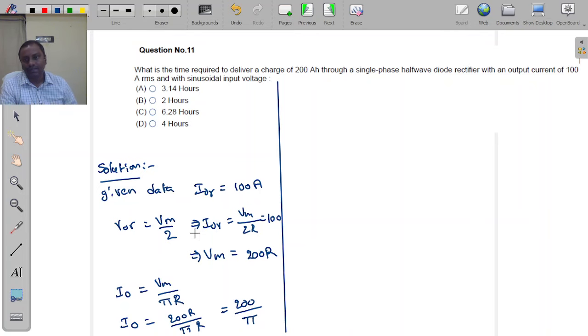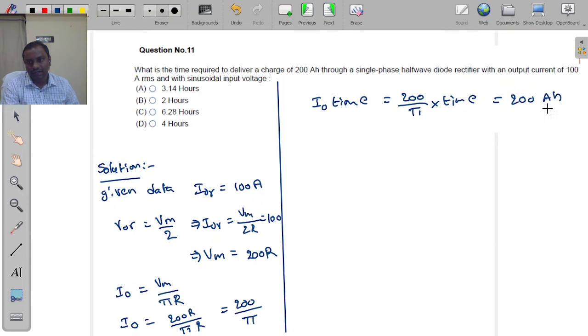Now what they are asking is the required charge. What is the time required to deliver the charge of 200 ampere hour? So I naught into the time is 200 by pi into the time, but this is given as 200 ampere hours.